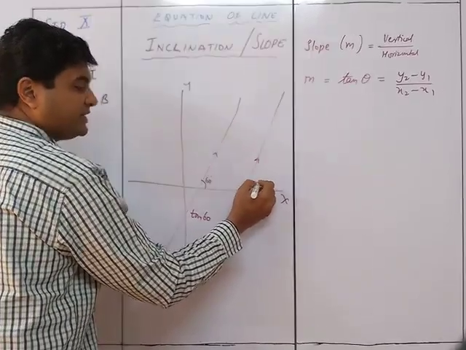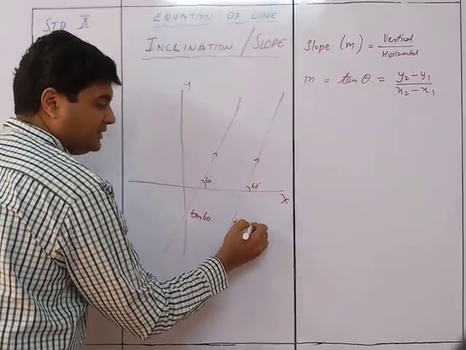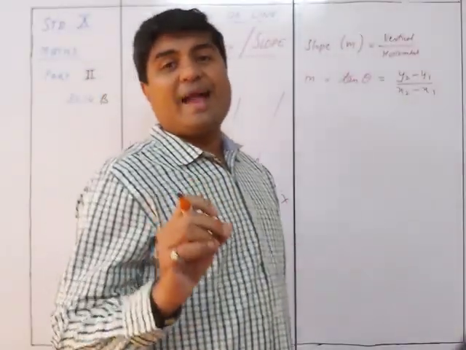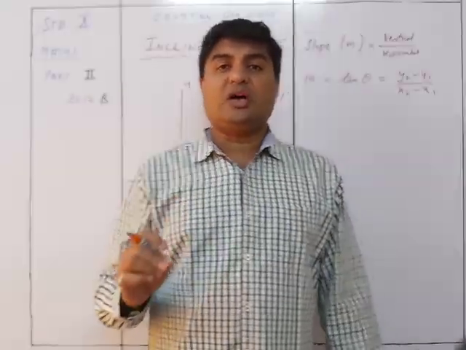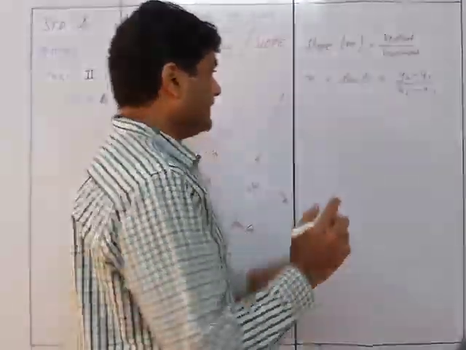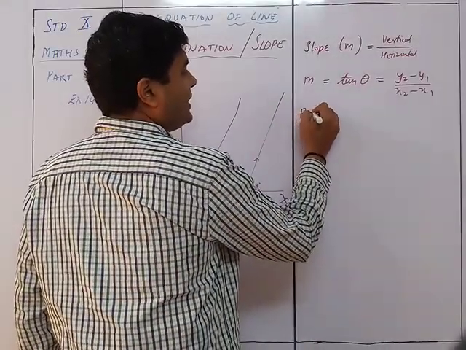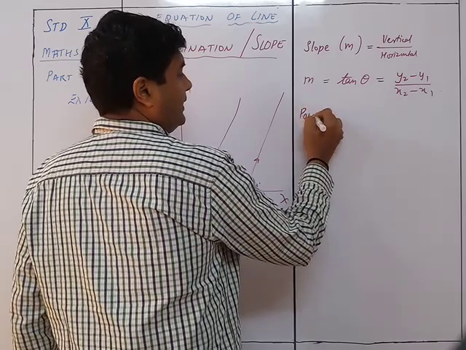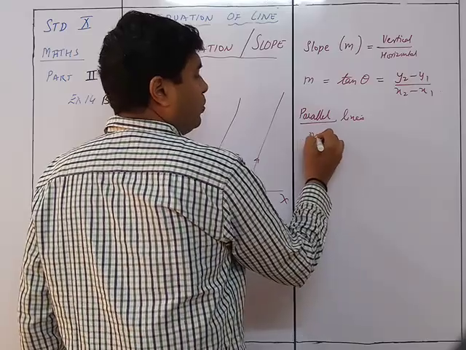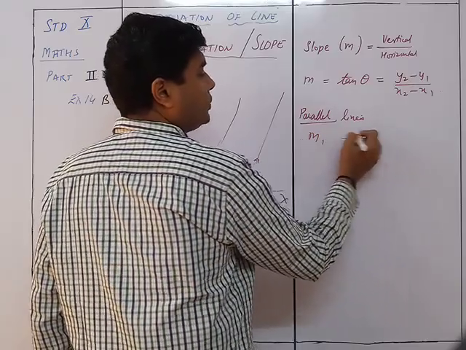So this angle will also be 60. So what is the slope? Again tan 60. So you can see, if the 2 lines are parallel to each other, their slopes are equal. Okay, so what is the next thing? If the lines are parallel, m1 is equal to m2.